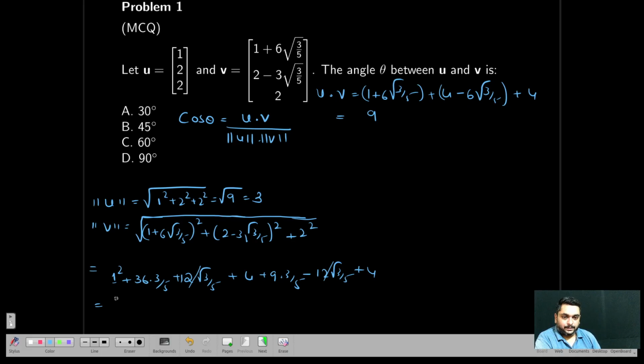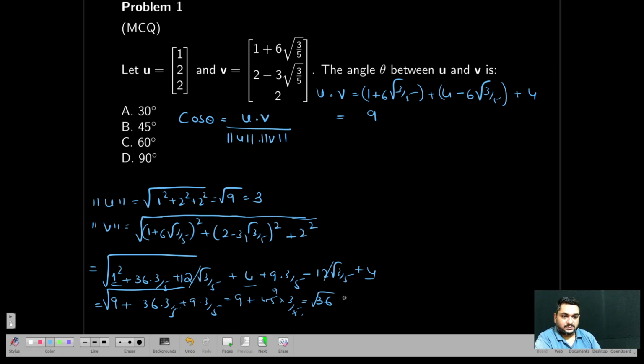We get 9, 1 square plus 4 is 9, plus 36 into 3 by 5 plus 9 into 3 by 5. So this is 9 plus 45 into 3 by 5. 5 threes are 15... so 9 plus 27 is 36. So this is 36, and then the square root of this.